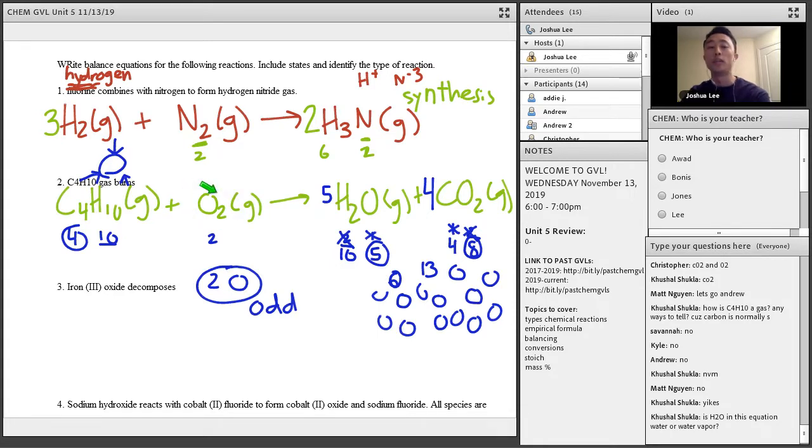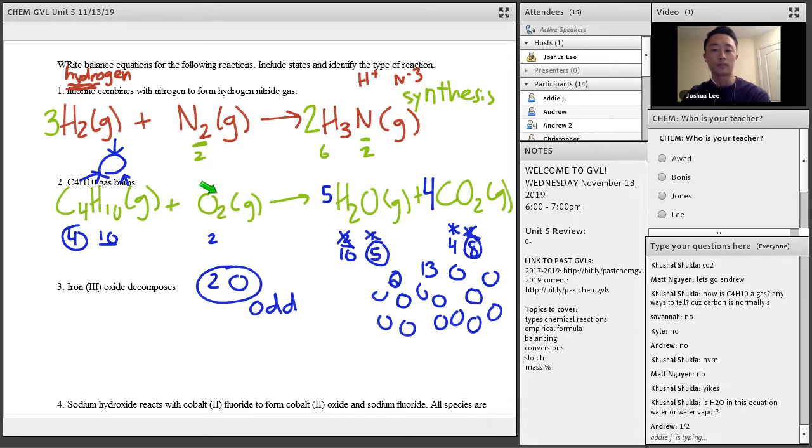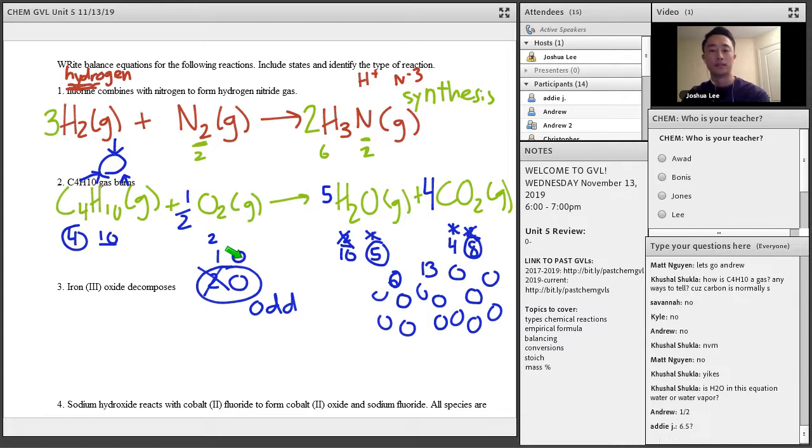What fraction would I use to get 13 oxygen atoms on my left side? I would need a half somewhere, but if I just did half right here, I would only have one oxygen atom. But I want 13. Yeah, 6.5. So I like to do fractions. 6.5 is 13 over 2.